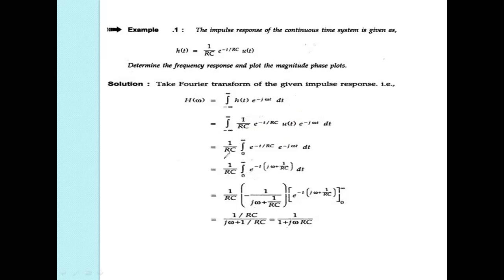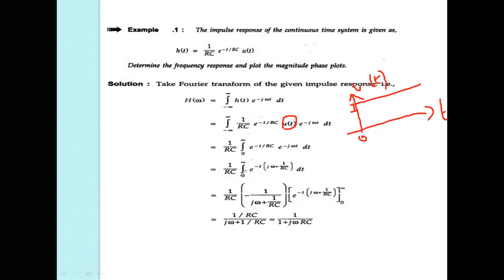Next, take 1 by RC as common. Here u of t can vary only from 0 to infinity, as the magnitude is 1 for t values where u of t applies. So keeping u of t as 1, change the limits from minus infinity to infinity into 0 to infinity. So e power minus t by RC, e power minus j omega t dt.